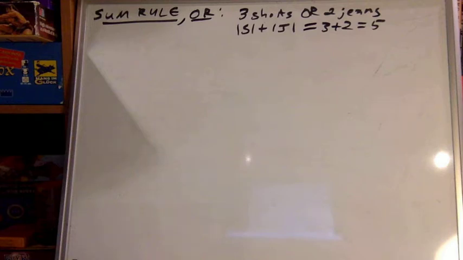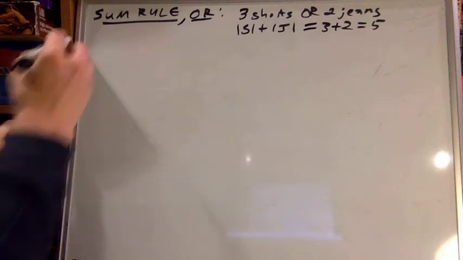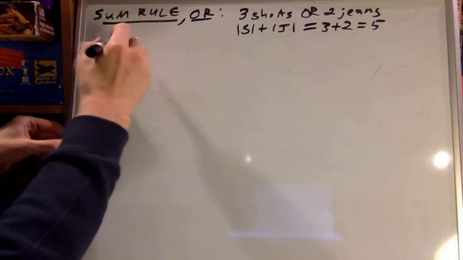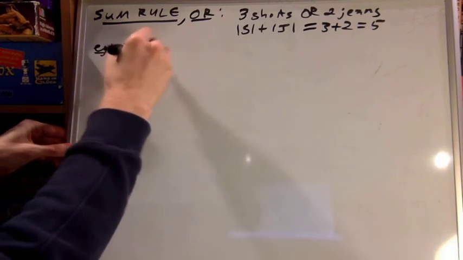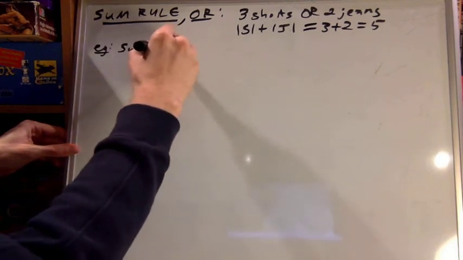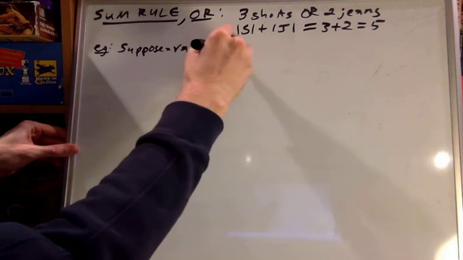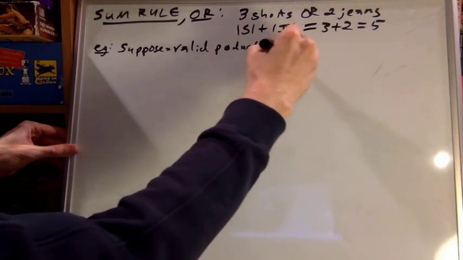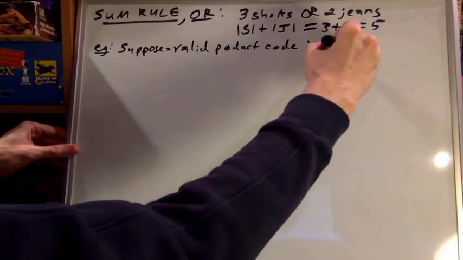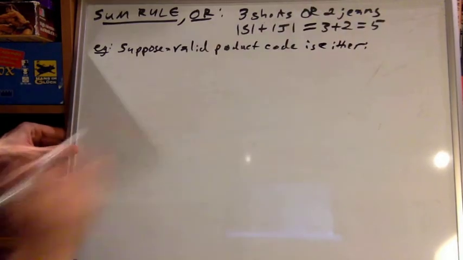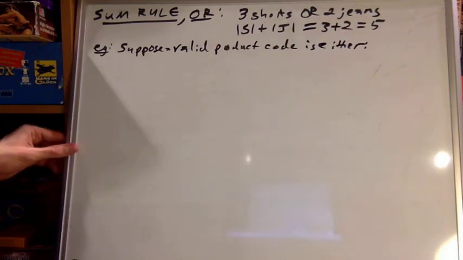So let's do a quick example using both the sum rule and the product rule, just to combine things. Let's suppose a valid product code is going to be one of 2 things.